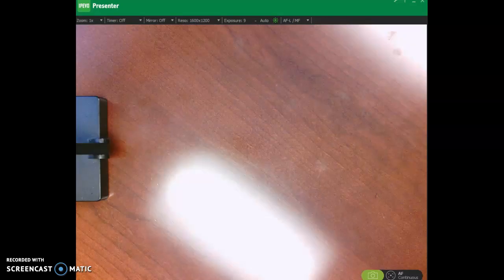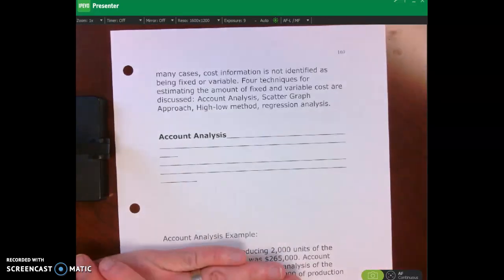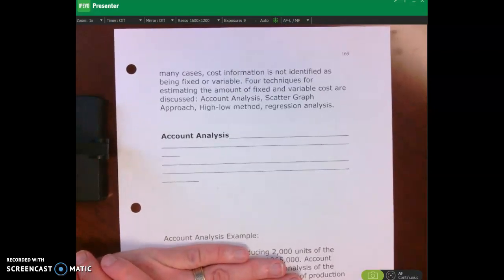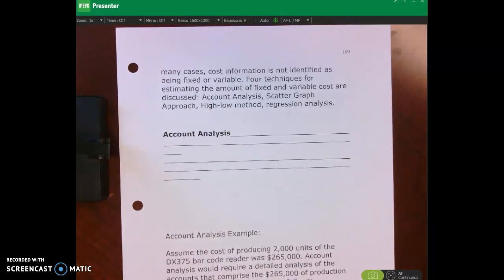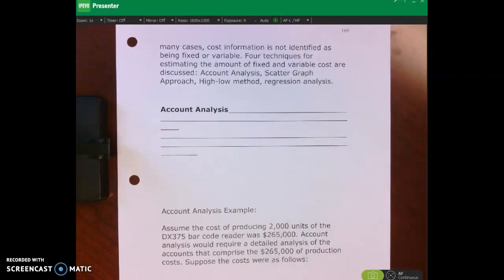So one of the things we want to do is be able to estimate our costs. Why do we want to estimate our costs? Well, if we can estimate what our costs will be at different levels of production and different levels of sales, and we also know what our price is on the units that we sell, then we can estimate what our profit will be at different levels of sales. And that's something we absolutely want to know.